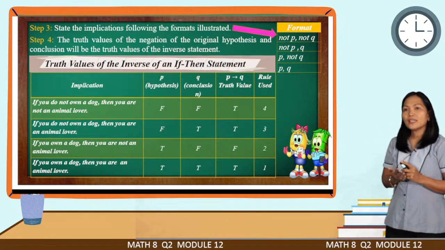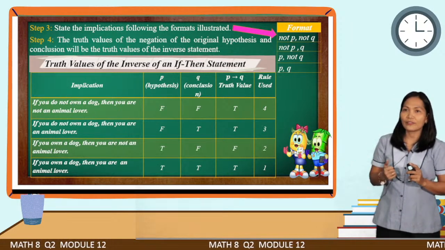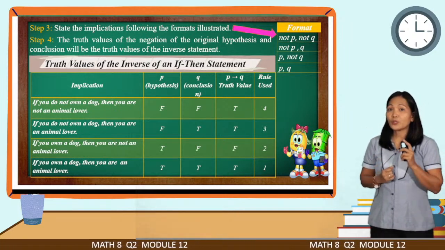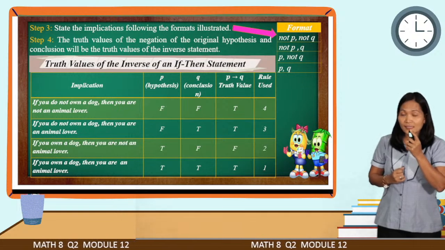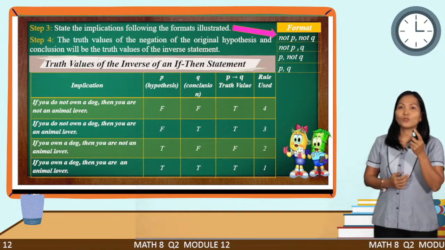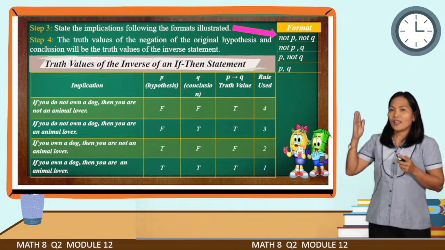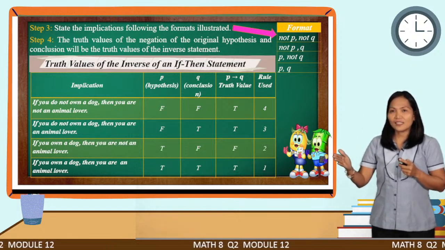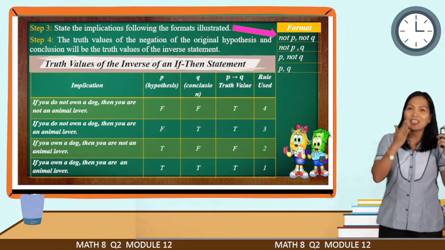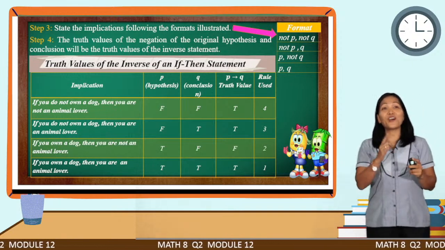For the third one, if you own a dog, then you are not an animal lover. Our hypothesis did not change, but our conclusion has the word not. It opposes the thought of the original. So if the hypothesis is true but the conclusion is false, the implication is, yes, you're correct, it's false.